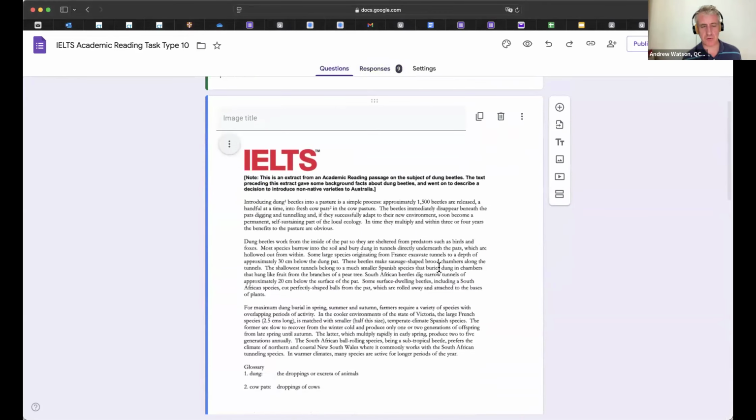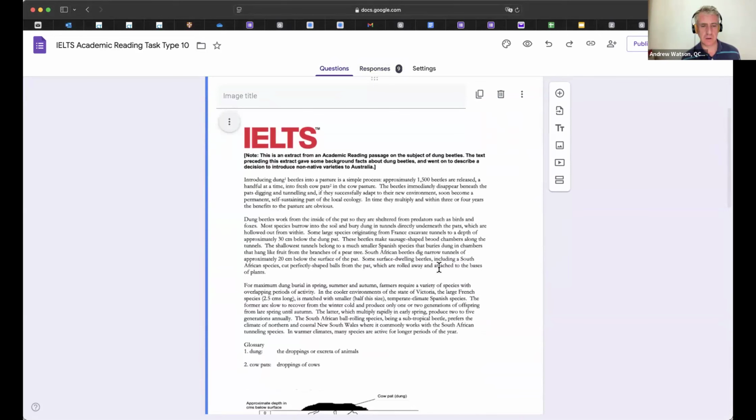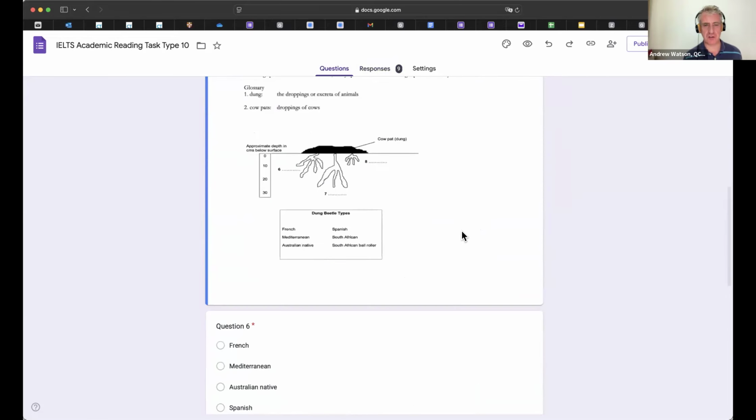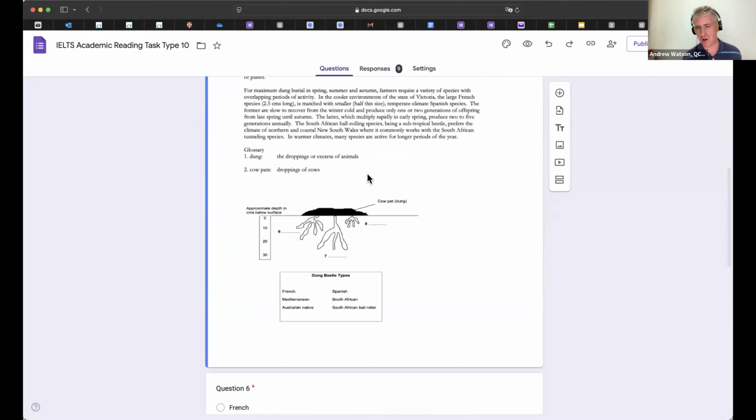Where did we get the Spanish one? Yes, the shallowest tunnels belong to the Spanish dung beetles. Maybe it's because the ground's harder.